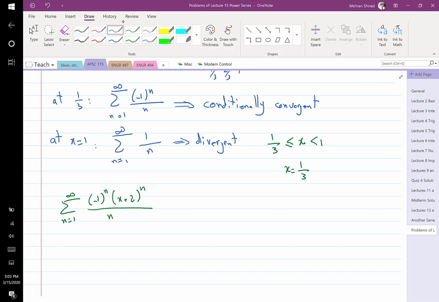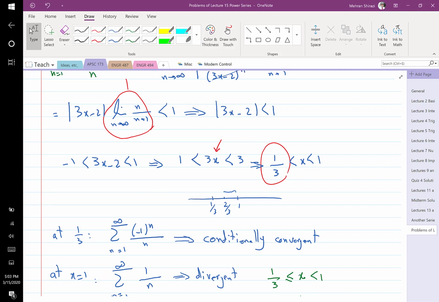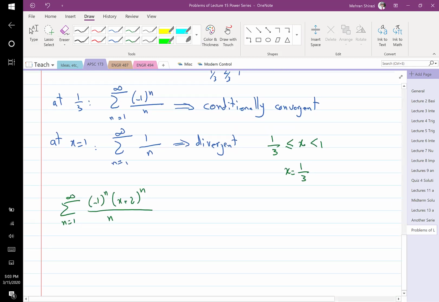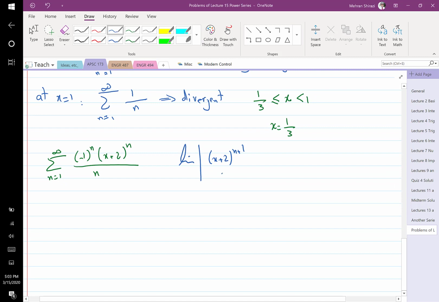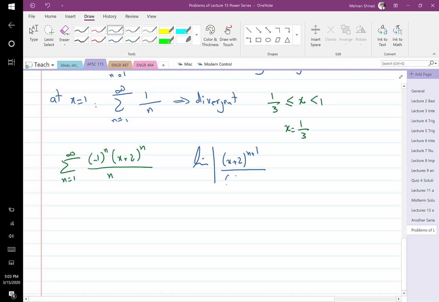This is very similar to the previous case, so you can see the structure of these two are very similar, so I will avoid explaining the details. I'm sure all of you learned it. We need to find the limit of u_(n+1) over u_n, so we have (x plus 2) to the power of n plus 1 divided by (x plus 2) to the power of n times n over n plus 1.